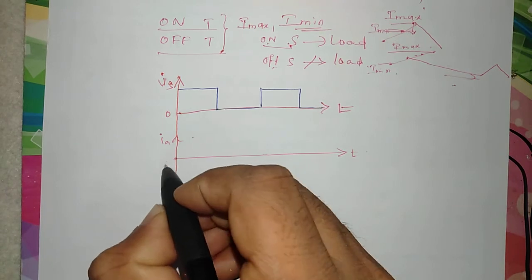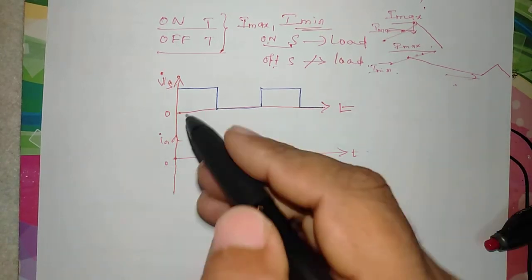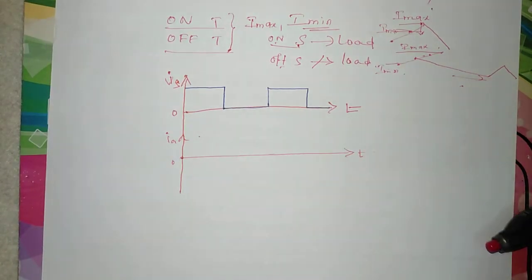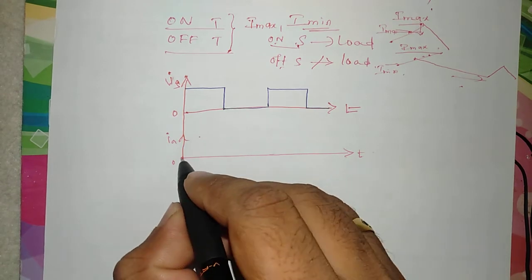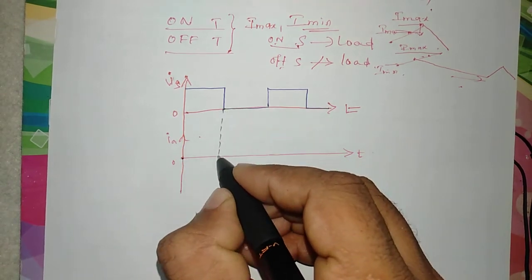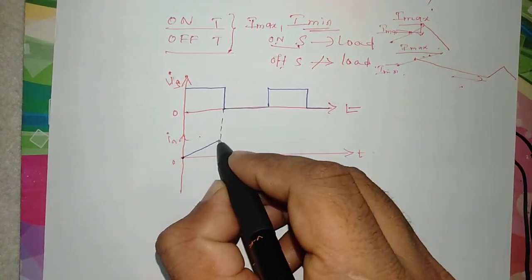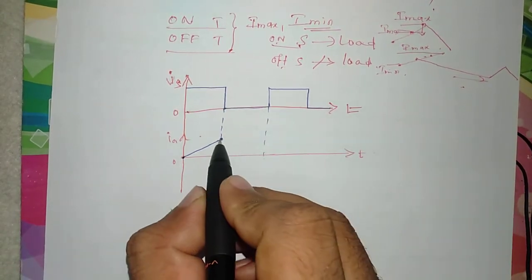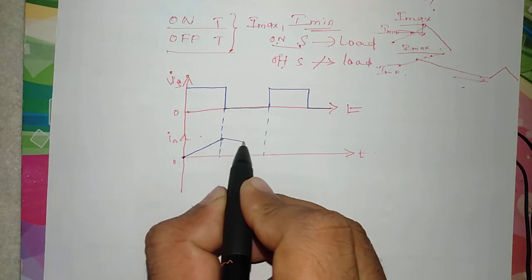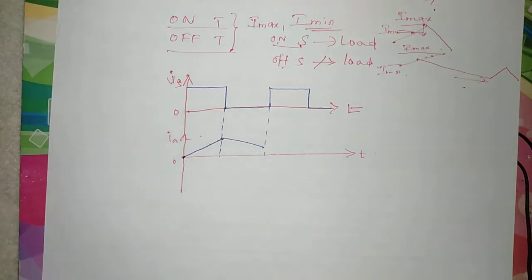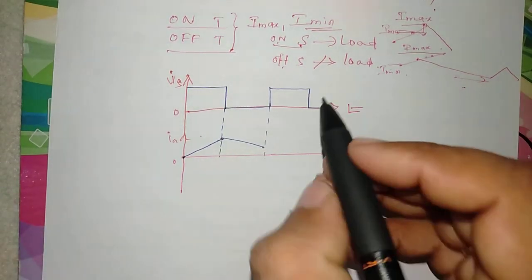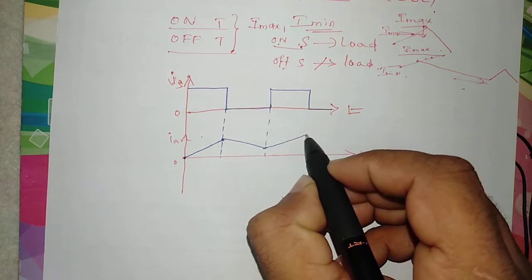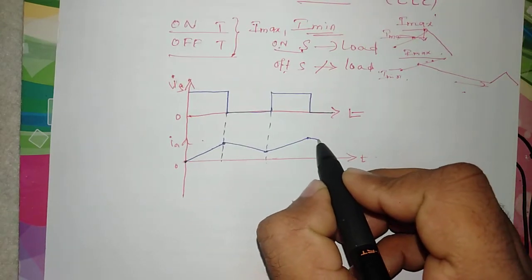Starting from 0, the current value starts from 0, and while the on time is there, this much amount of current increases. After that, this is my off time, so the current once again returns back and starts to increase and return back.